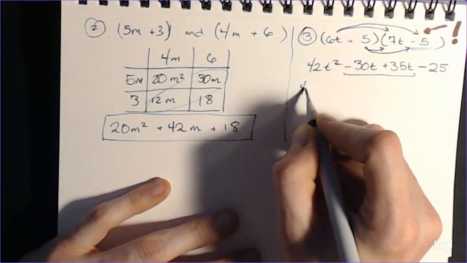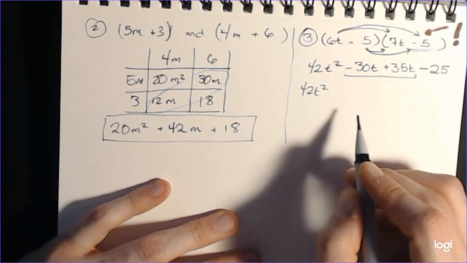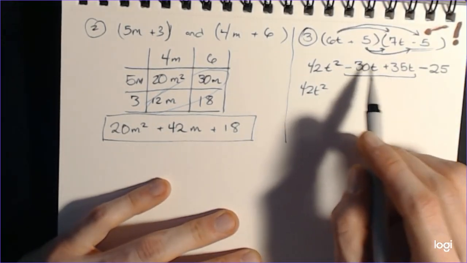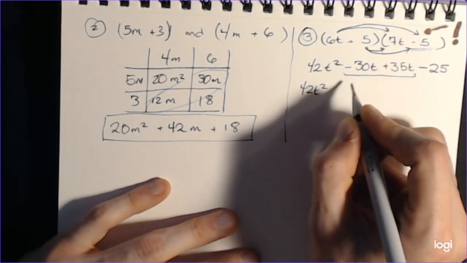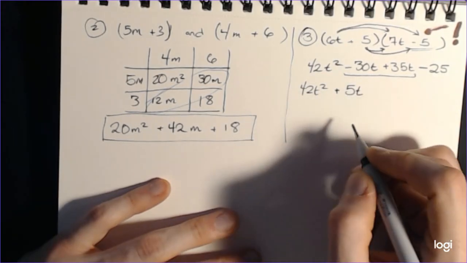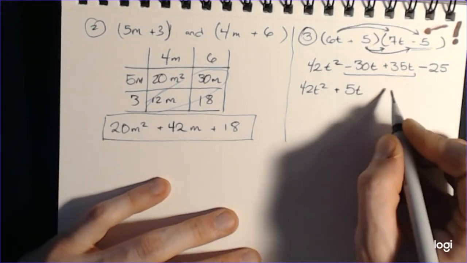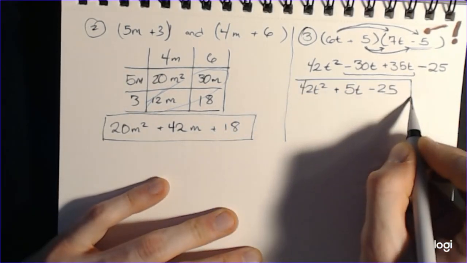We have 42t squared, negative 30 plus 35. So this 30 cancels with that 30, and there's 5 left over. And the positive number is greater, so we're at plus 5t, and then minus 25. We can put a box around our answer because we are done.